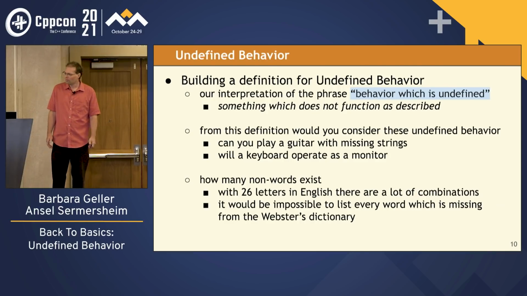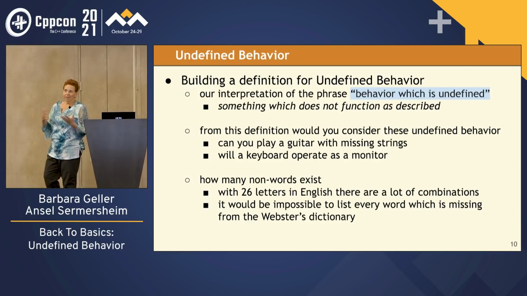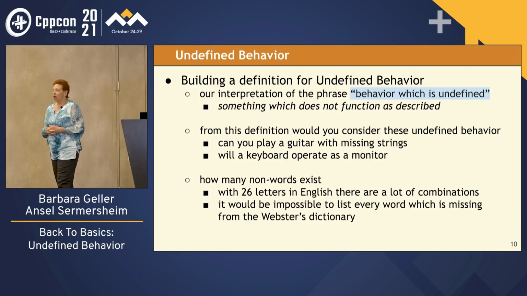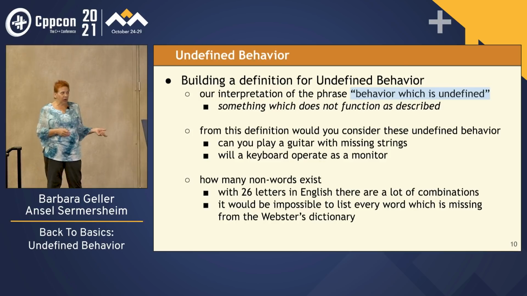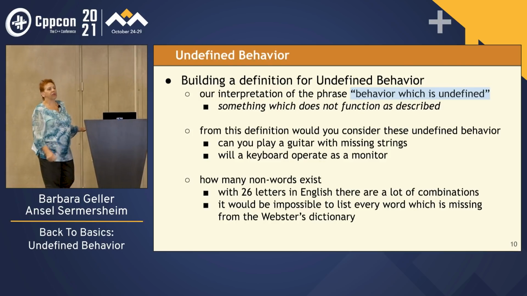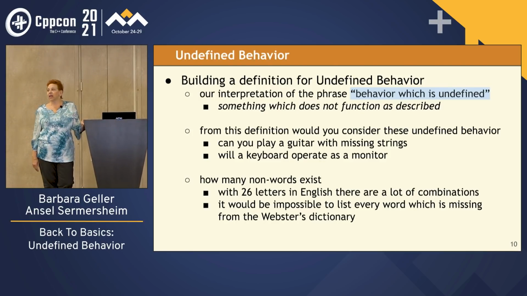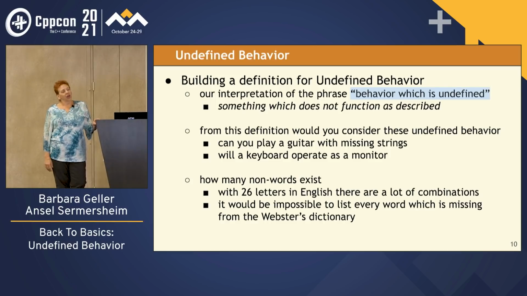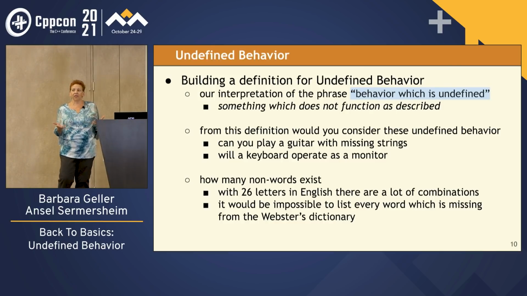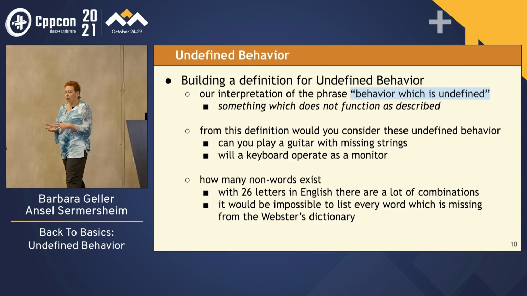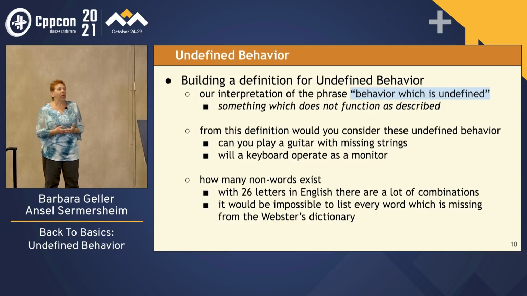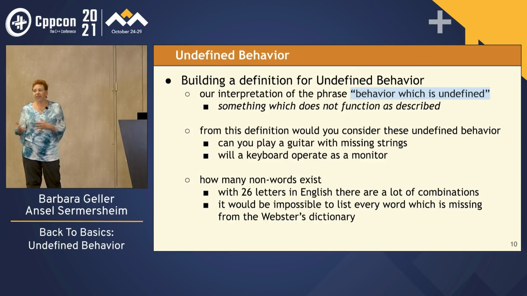I think we found that the longest word we could find was about 39 characters. So if you want to start doing the math of 2-letter words, 3-letter words, 4-letter words, using 26 letters in English, that is a lot of words. So there is no dictionary, there is no definition of what's undefined. So hopefully we've dispelled that myth that we can actually list everything in C++ that is undefined.